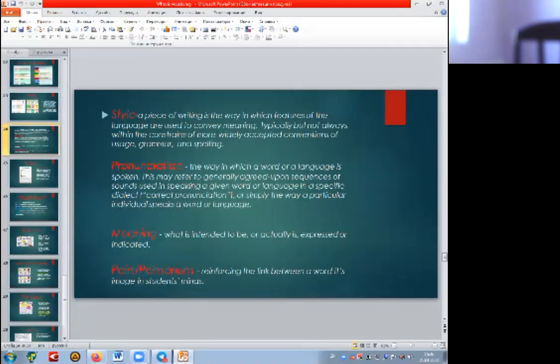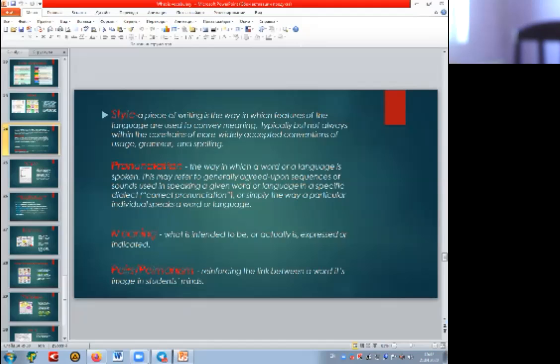And the first one is style. We know these words from discourse analysis. Style means a way of writing, and styles may differ from each other by combination of words or grammar and others.